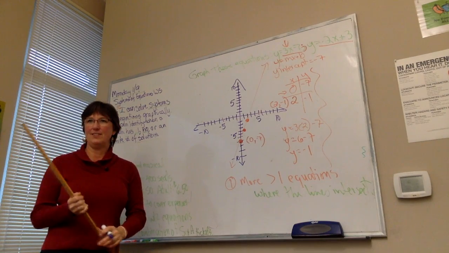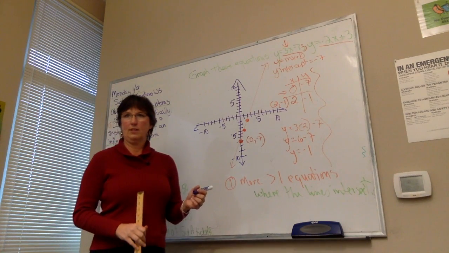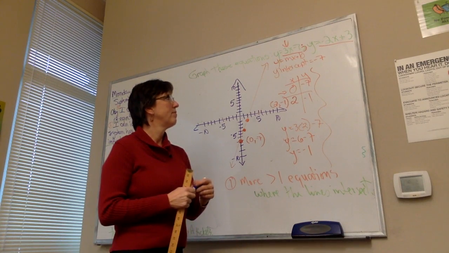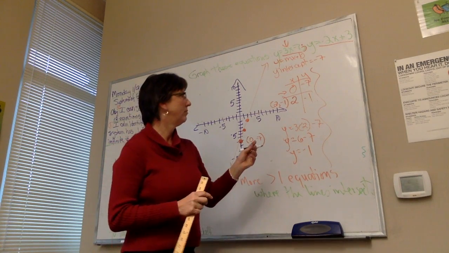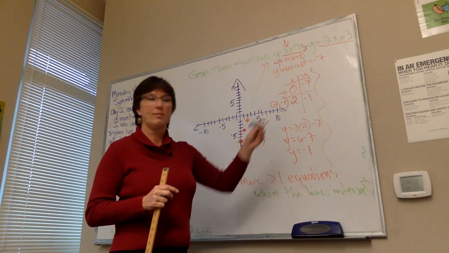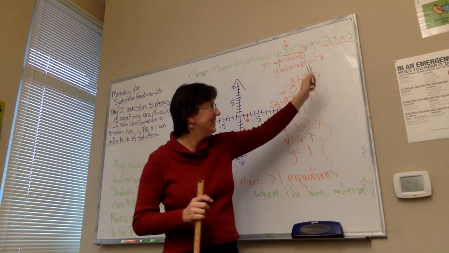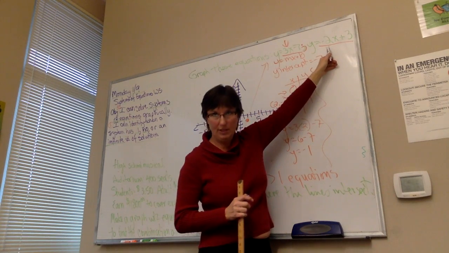All right. So where would you start? What's the number? 2x. Okay. What are you going to do with the 2x? Negative 2x.